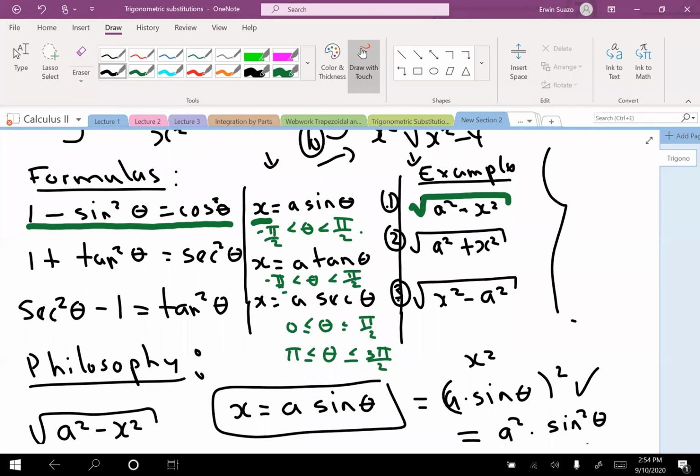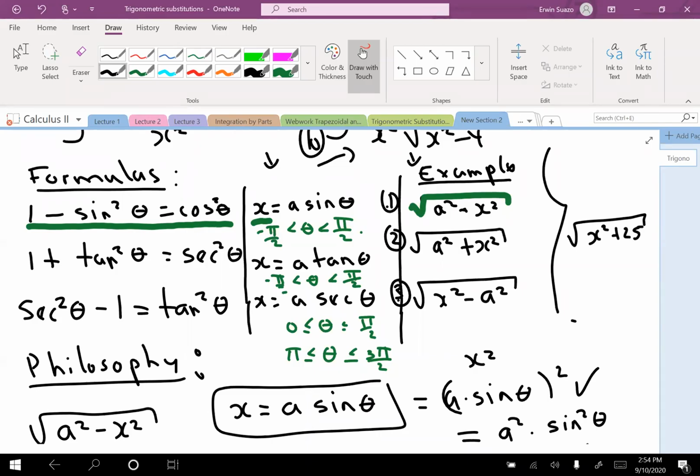Number 2, because that one has a positive sign. x squared plus 25 is the same as 25 plus x squared. So we're going to choose that one. So question, what is a? Let me write it down here. My ugliest part is this one, x squared plus 25.